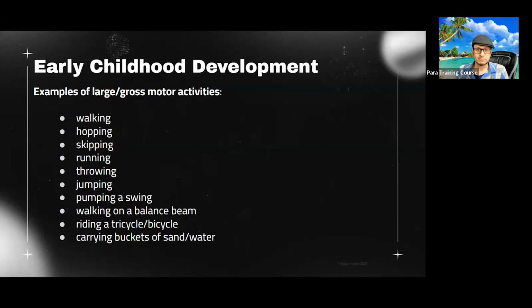Things like walking, hopping, skipping, running, throwing, jumping, pumping a swing. Making the swing go back and forth while you're sitting in it. Walking on a balance beam, riding a tricycle, bicycle, carrying buckets of sand and water. So these use large muscle groups, and they don't require really fine attention to minute detail.